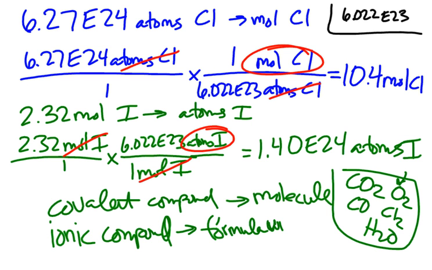Examples would be sodium chloride or potassium hydroxide. Anything involving a metal, you're going to use the formula unit if it's a compound. Okay? So let's take a look at a new set, where we'll go from mass to formula units, and then from formula units to mass.